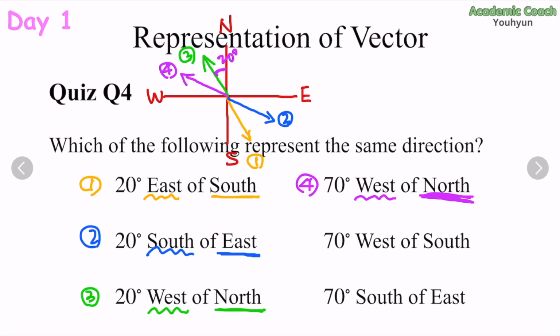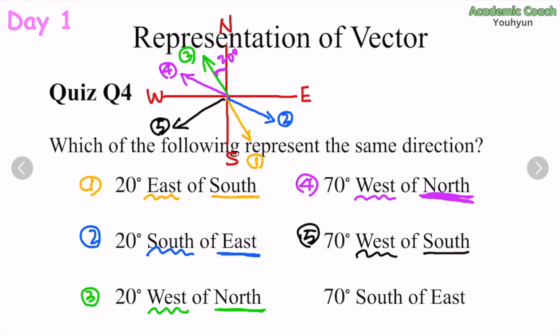And then number 5, 70 degree west of south. Okay. So let's point towards south first and move towards west by 70 degree. Then it will be this way. So up until now, we have five directions on this coordinate, and none of them is of the same direction.